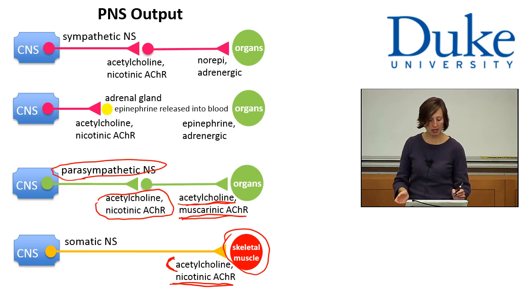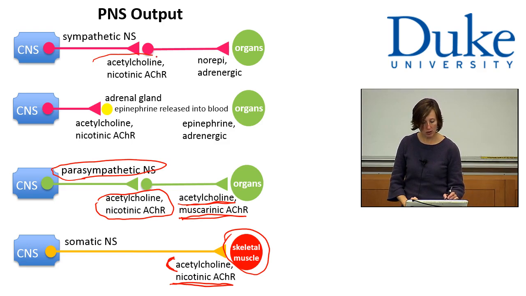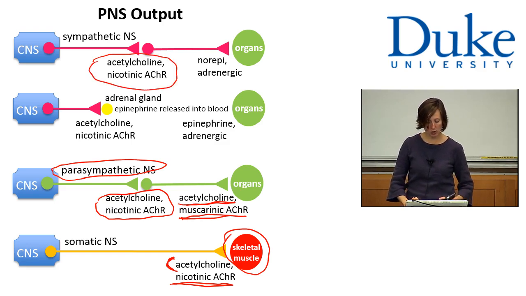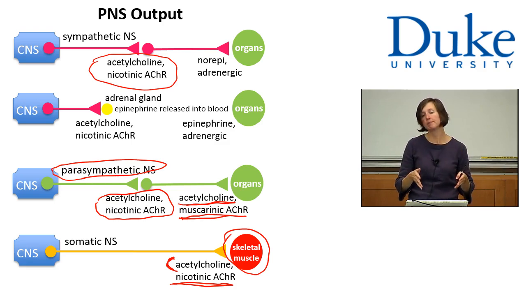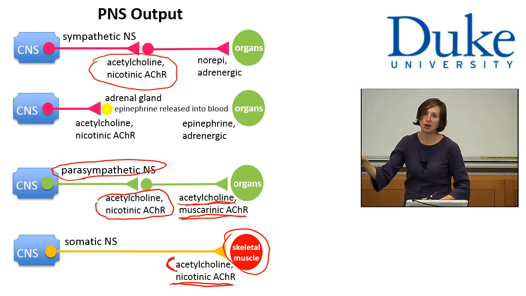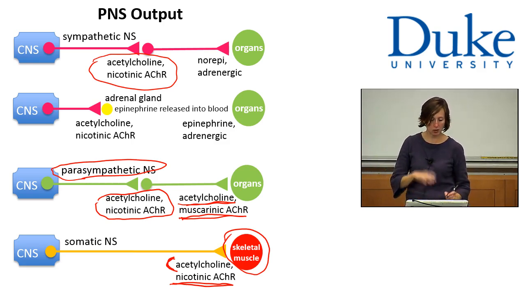In the sympathetic portion of the autonomic nervous system, again, we're going to have acetylcholine and nicotinic acetylcholine receptors. So I remember this, that both the autonomic neurons and the somatic neurons, at least the first neuron for the autonomic neurons and the somatic neurons, they all three release acetylcholine and then bind nicotinic acetylcholine receptors.